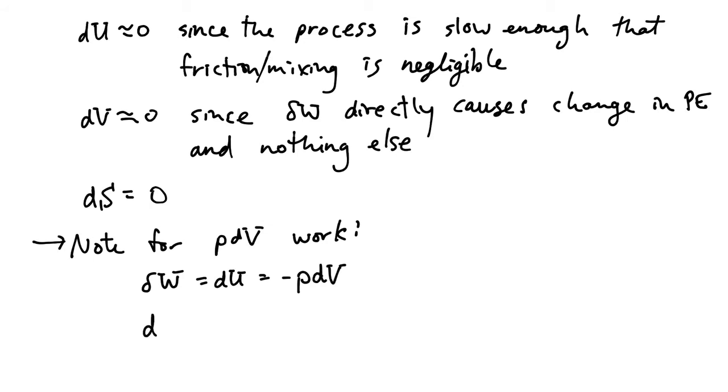Then if we go back to the Gibbs equation where we have dS, the first term is a dU, so this expression gives us what our dU is, and it's going to be negative, so we'll have negative P dV over T. And then the second term in Gibbs' equation is P dV over T. So again, in this case as well, the change in entropy of the system when you do P dV work is also zero.